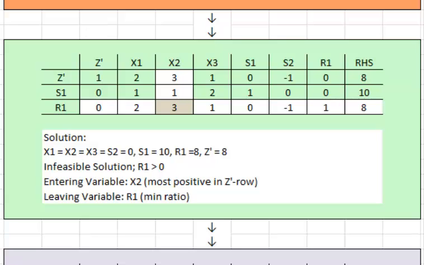Calculating the minimum ratio, 10/1 and 8/3, 8/3 is the minimum ratio, so R1 leaves the basis. As soon as R1 leaves the basis, we will have our next tableau generated through the regular simplex.